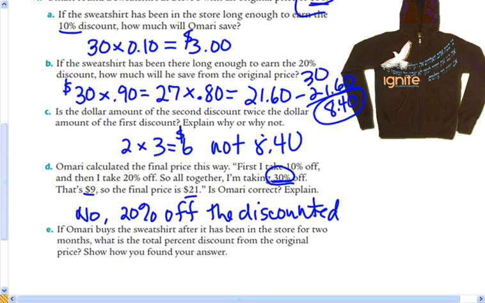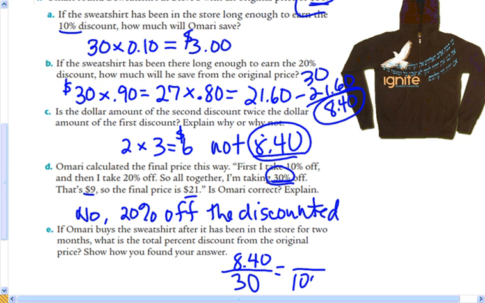So you're not getting quite 30%. So if Omari buys a sweatshirt after it's been in the store for 2 months, what is the total percent discount from the original price? The total percent discount is, we know that he's saving $8.40, so I'm going to use that answer. And $8.40 from the original price of $30.